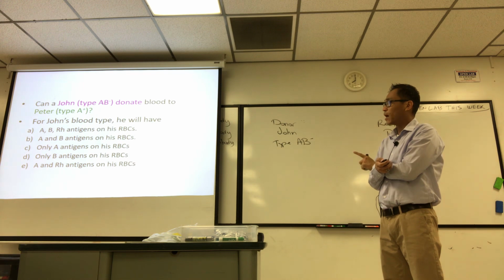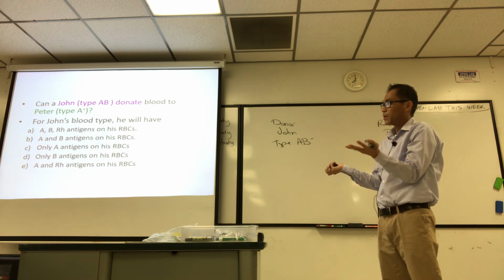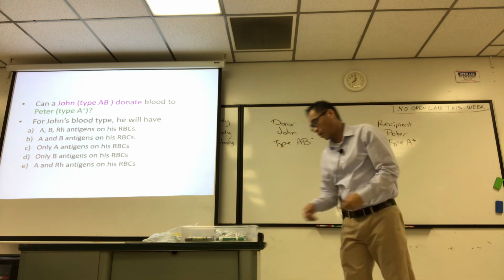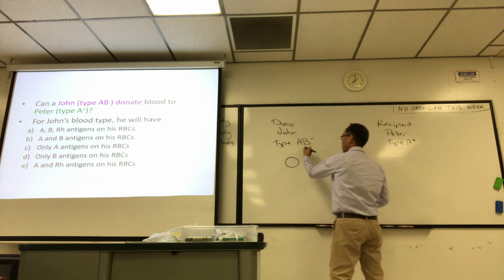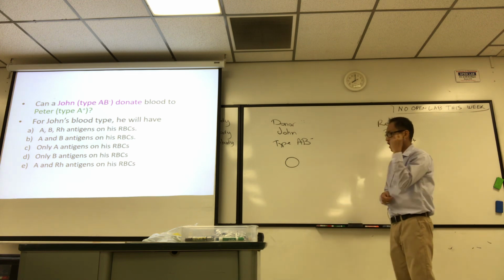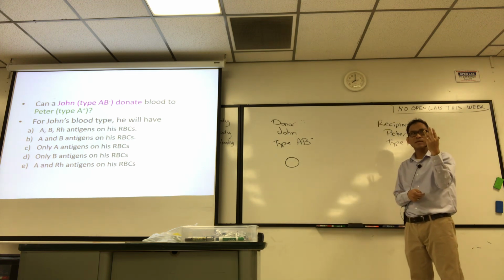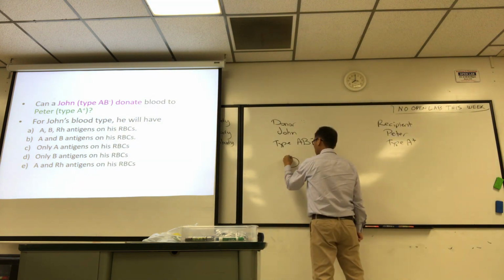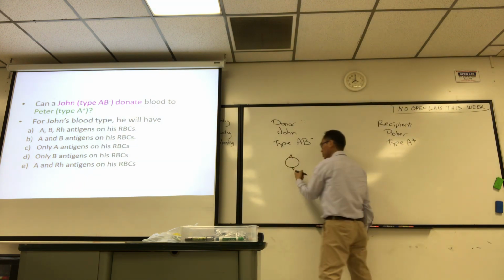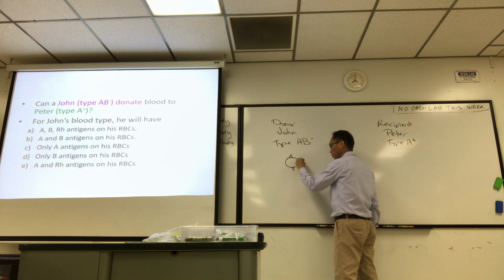For John's blood type, since we said, okay, consider his RBCs. What is present of the three? The A, the B, the RH. What's present? The A and the B. So I want to stick to my triangles, which are the A's, very good.